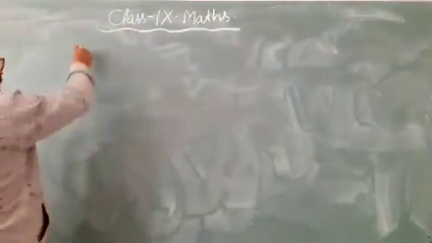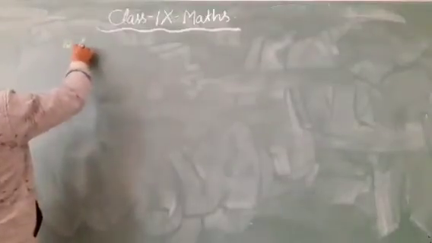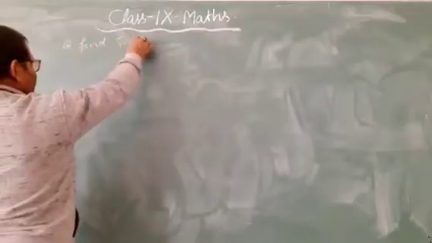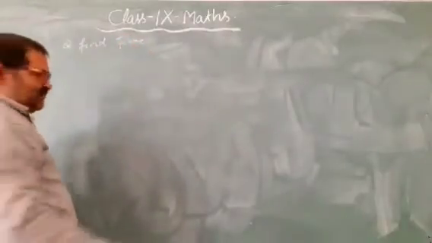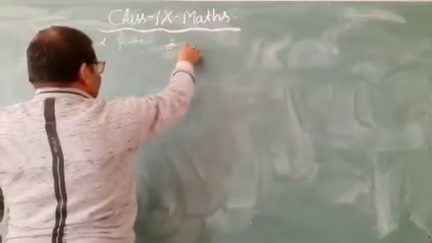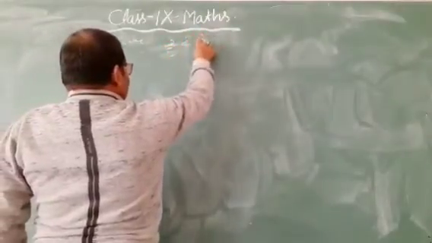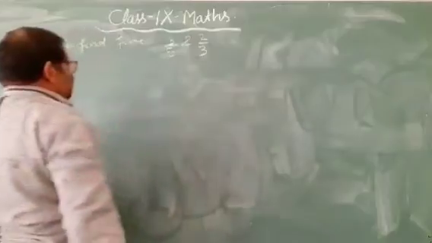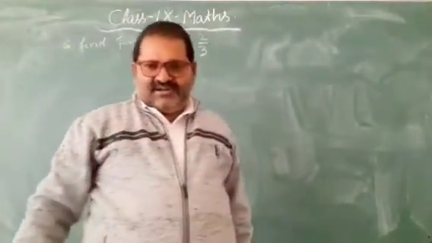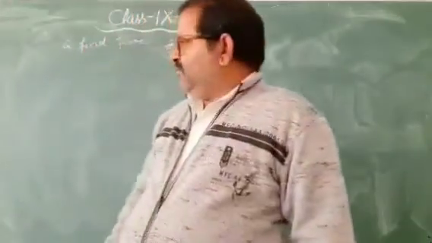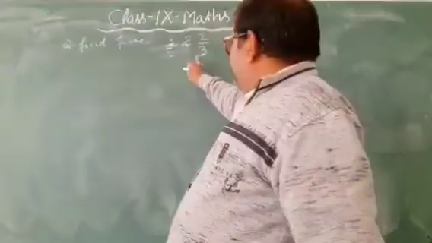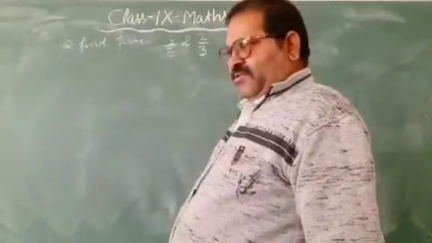Find five rational numbers between 3 upon 5 and 2 upon 3.